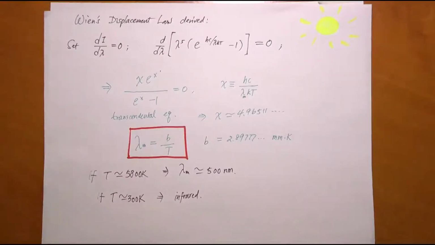This tells us that an object whose surface temperature is around 300 Kelvin, or room temperature, will radiate primarily in infrared. So you and I, and everything that we see, the wall, the table, whatever, they're all at room temperature and they do radiate. The primary radiation is in the infrared range, therefore we do not glow in the dark, right? Because our surface temperature is not high enough.